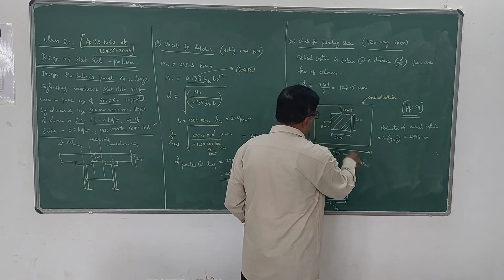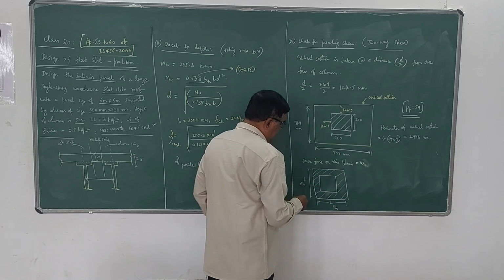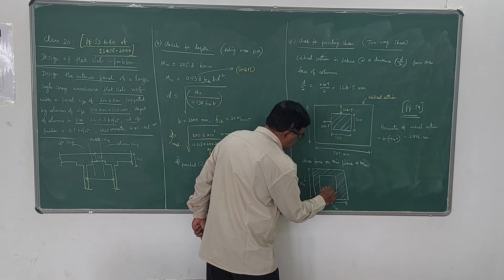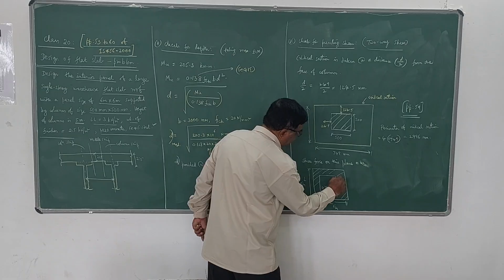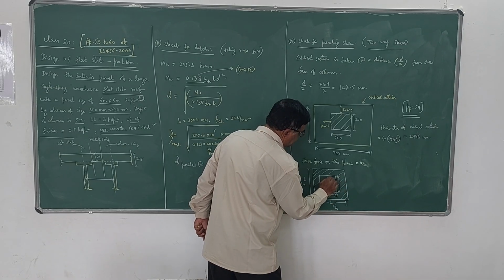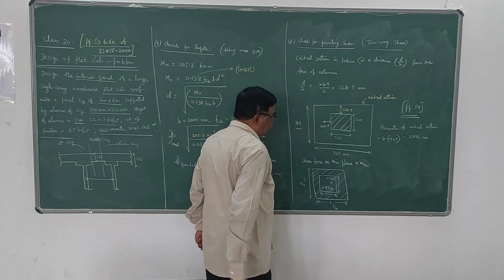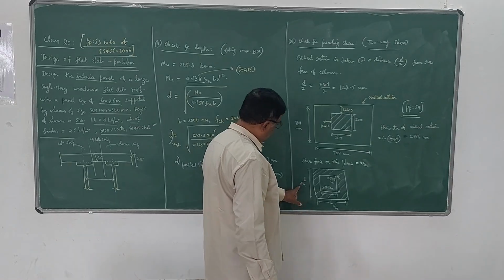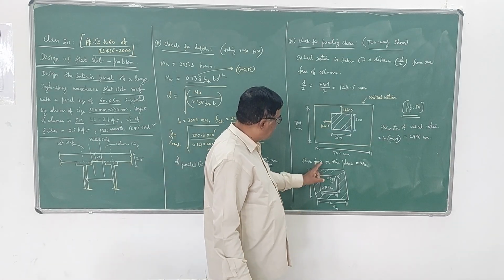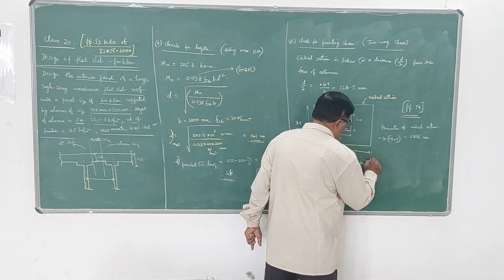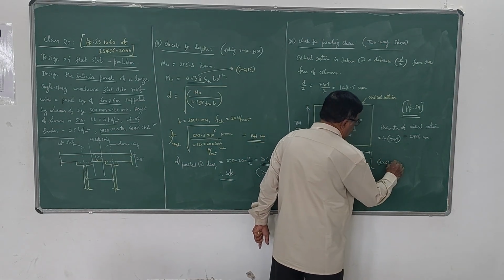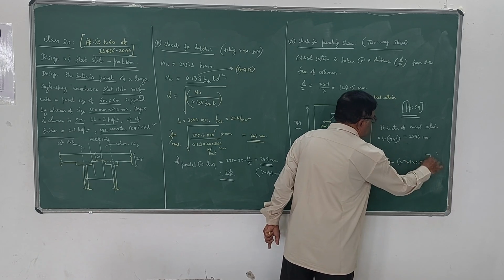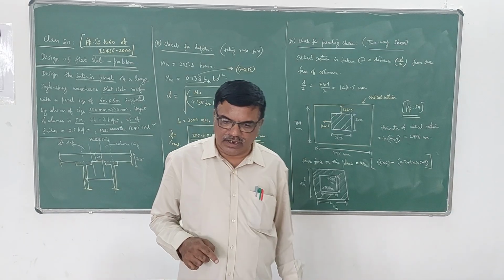Actually, 749 mm comes out to be 0.749 meter. This is also 0.749 meter. Now we are calculating the shear force on this plane. Your total panel is 6 meter by 6 meter, and in that you have to deduct this. So the area becomes 6 into 6 minus 0.749 into 0.749. So this is what we have to do.